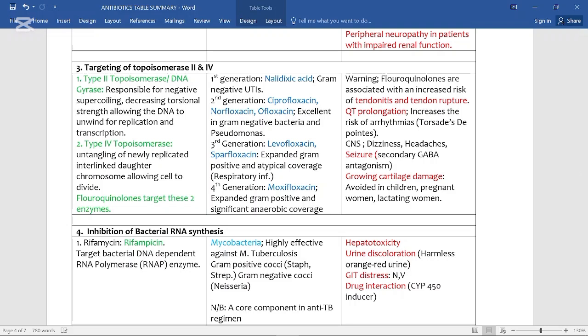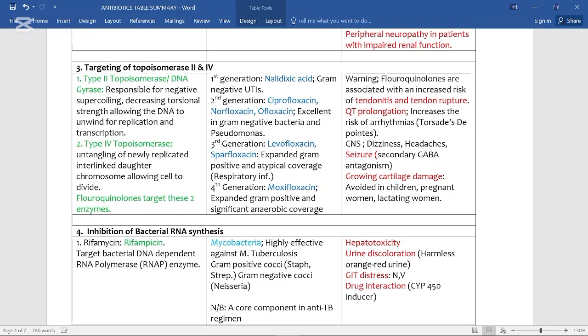Yesterday, I believe we looked at the drugs that target the key enzymes that are very crucial in the unwinding of the DNA, and these are topoisomerase 2 and topoisomerase 4. We say that these classes are the fluoroquinolones, the likes of ciprofloxacin, norfloxacin, and levofloxacin, and others. I mentioned one of the key side effects of fluoroquinolones, and that is tendon rupture.